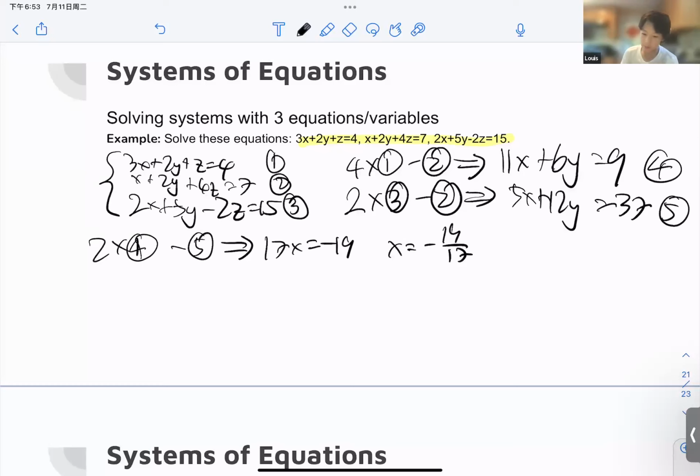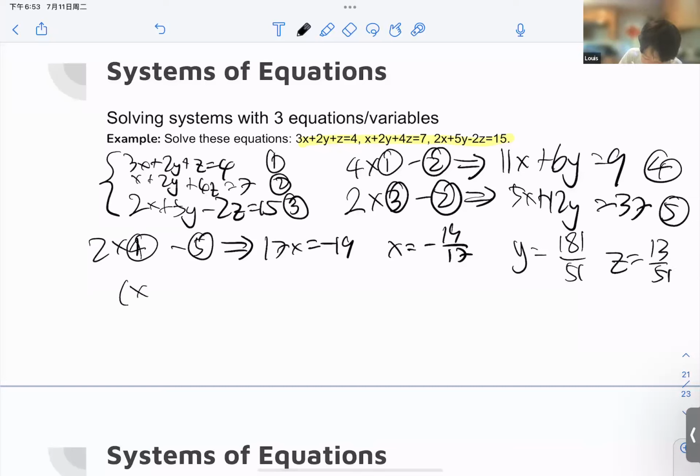And then after substituting x into one of equation 4 or 5, we get that y equals 181 over 51. And substituting x and y into one of equations 1, 2, and 3, we get that z equals 13 over 51.